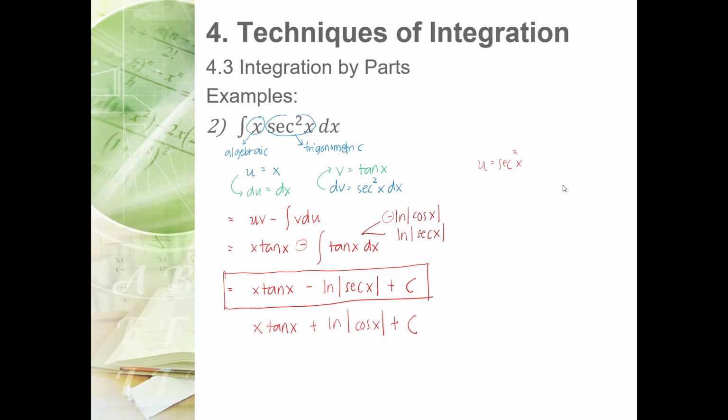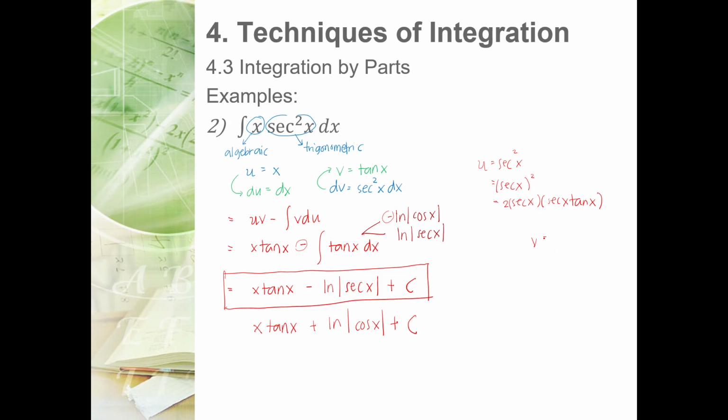This becomes 2 times secant x to the power of 1. Then the derivative of secant x would be secant x tangent x. So it's rather long.